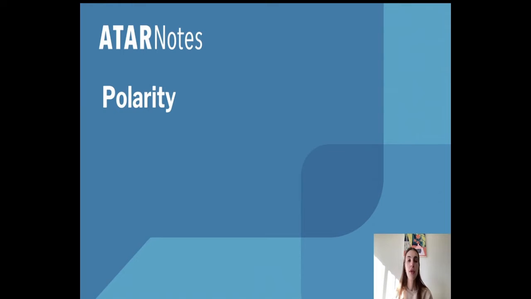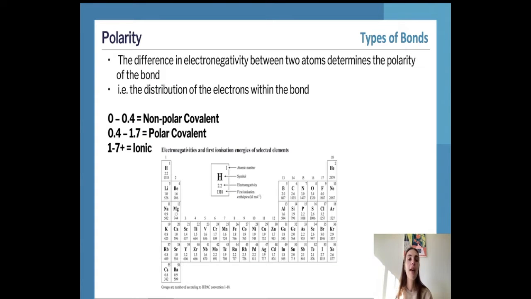So now we're going to move on to talking about polarity. Polarity is basically known as the difference in electronegativity between two atoms, and that's going to determine the polarity of the bond, because we can have different extents of polarity depending on that difference.